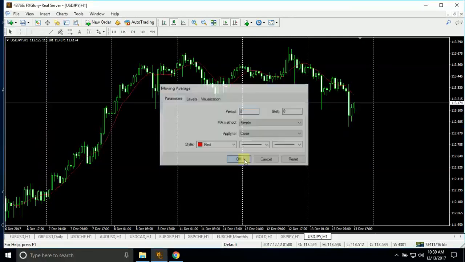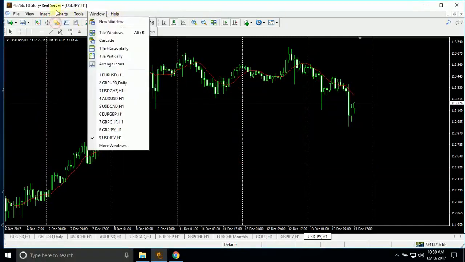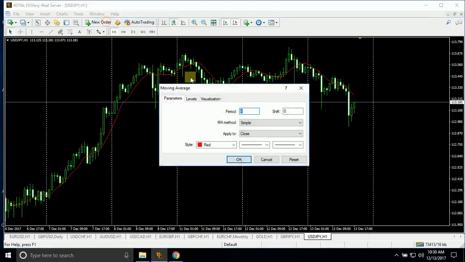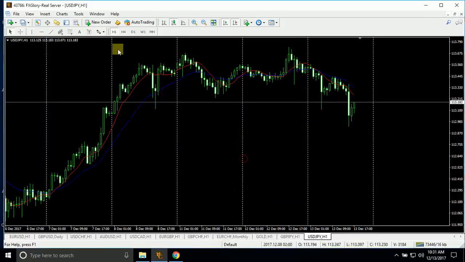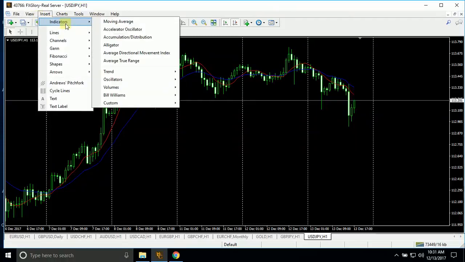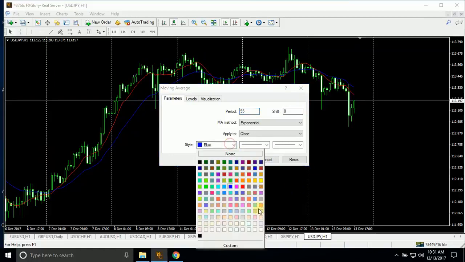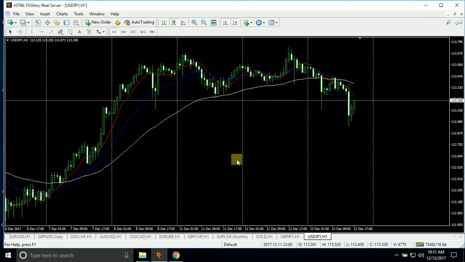We're gonna add the 8 as a simple indicator, moving average 21, exponential, blue, insert indicators, moving average 21, 50, we're going to use 55, white, here. Bingo. We're in the game.